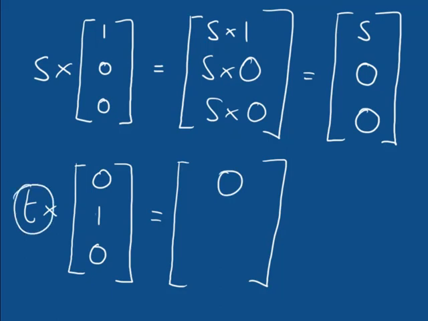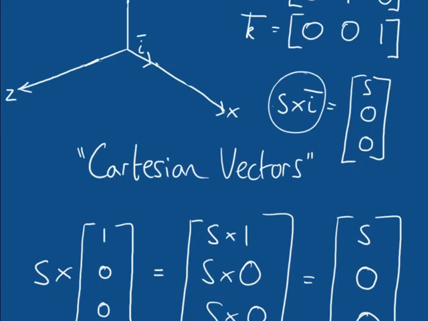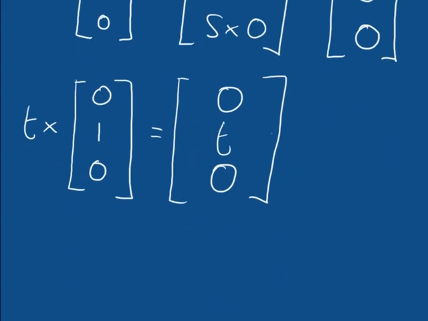We're going to get t times 1, which we know is a value of t. And we're going to get t times 0, which is a value of 0. So whereas we had s times i, and it gives us a vector that just has s in our x component, when we take t times j, we get a vector that has just t in the y component.